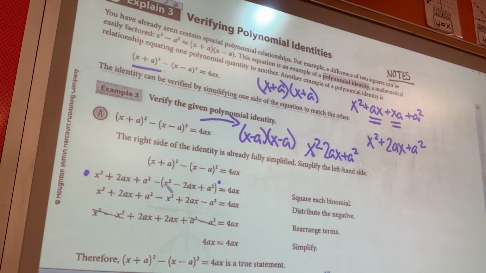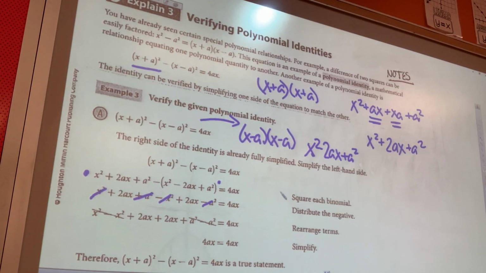Don't forget this negative will change the sign of all these, so this becomes negative x squared. This becomes negative 2ax, this becomes negative a squared, and then I'm going to cancel out anything because that's a positive, that's a negative, positive a squared minus a squared. So I'm left with 2ax and 2ax, which is 4ax, equals 4ax.